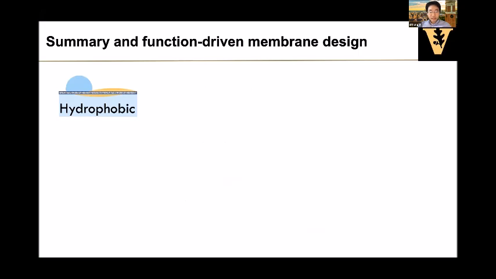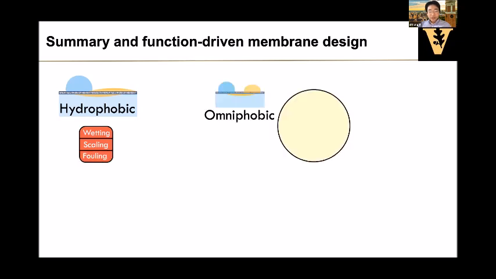To summarize, hydrophobic membrane is actually bad for a lot of reasons. It is susceptible to wetting, to scaling, and to fouling. So people have been developing omniphobic membrane. An omniphobic membrane is a membrane that is oleophobic in air, but not underwater oleophobic.